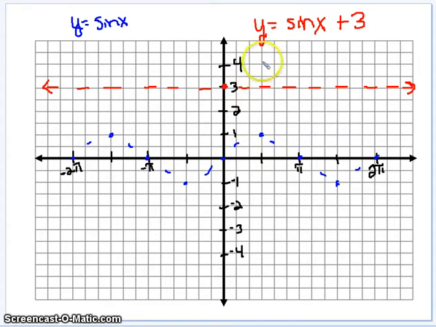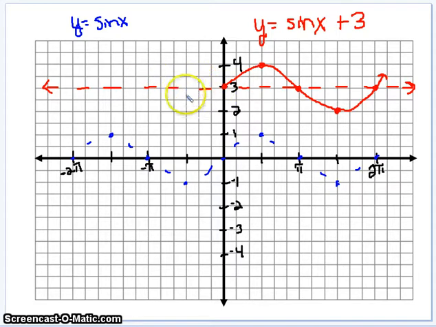And then I'm going to go over 3 units and go up to 4. I'm going to go over 1, 2, 3 units and I'm going to be back down at 0. I'm going to go over 1, 2, 3 units and be down to negative 1. And over 1, 2, 3 units and be back up to 0. So we are looking like this.